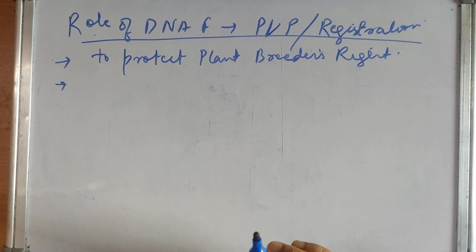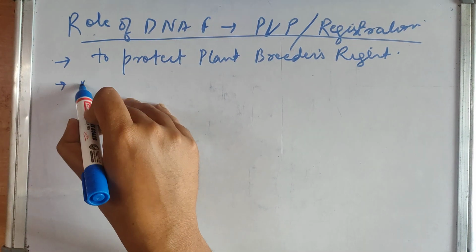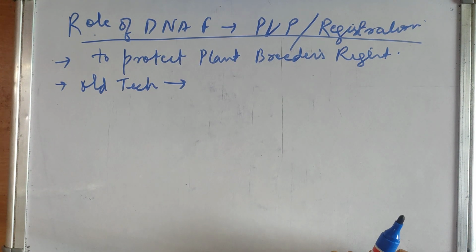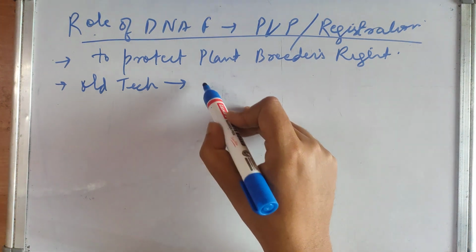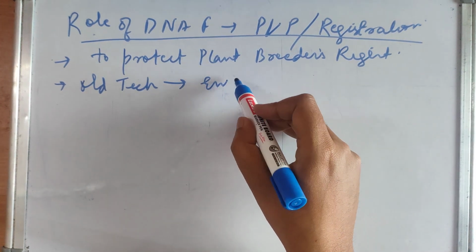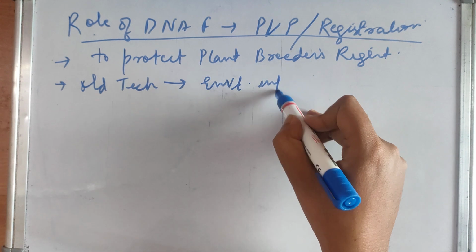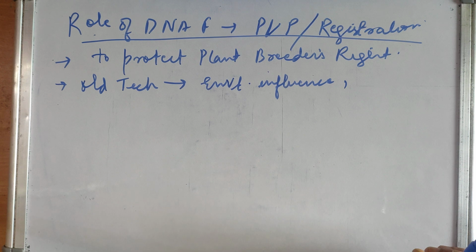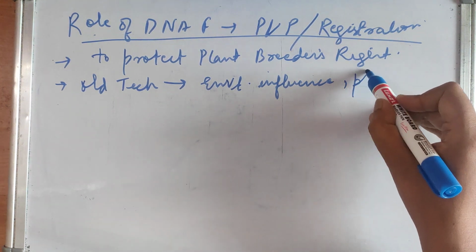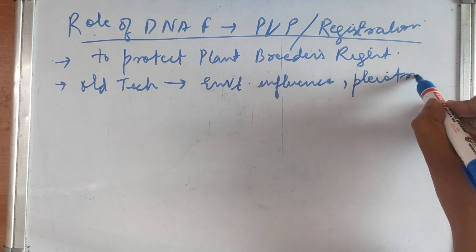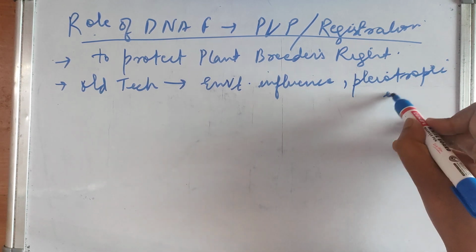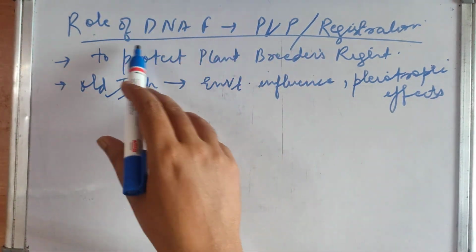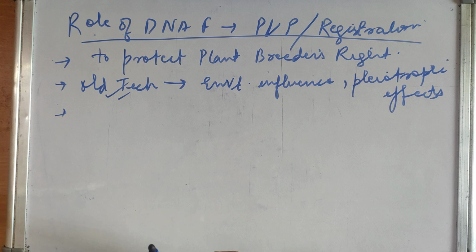We should know that the old techniques before DNA fingerprinting had limitations, such as environmental influence. Due to changes in environment, their DNA could be changed like this. There were also pleiotropic effects. So these were the limitations in old technology, which are not present in DNA fingerprinting.